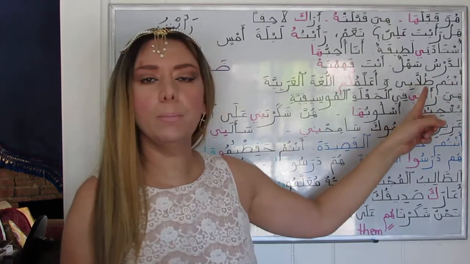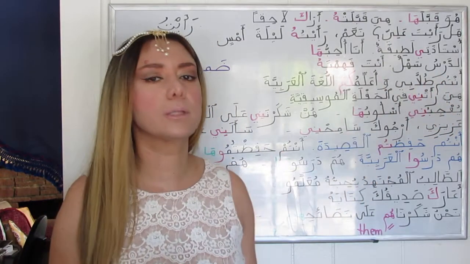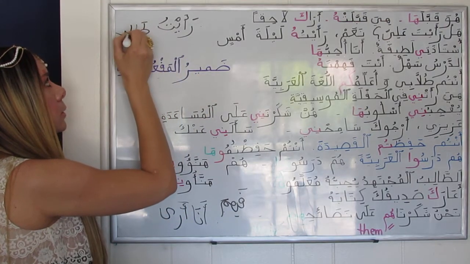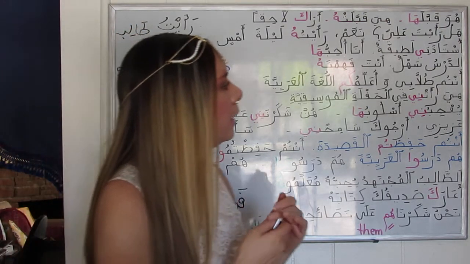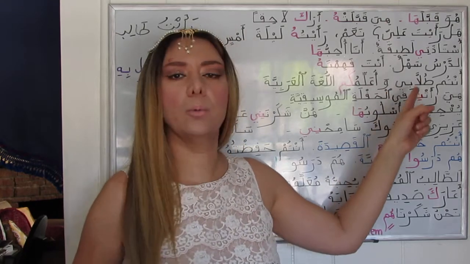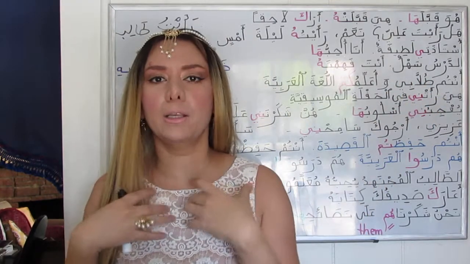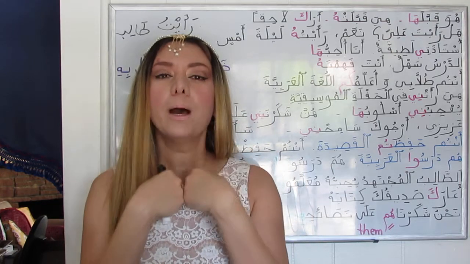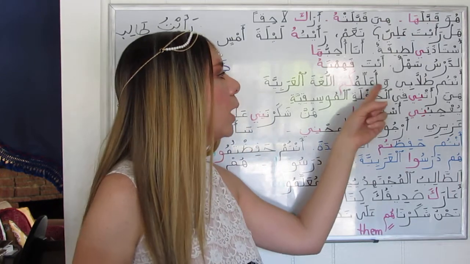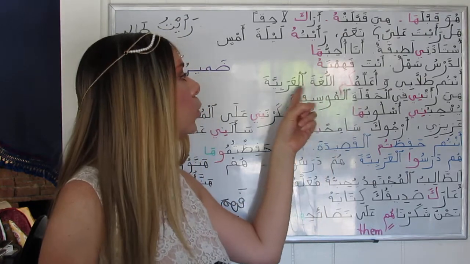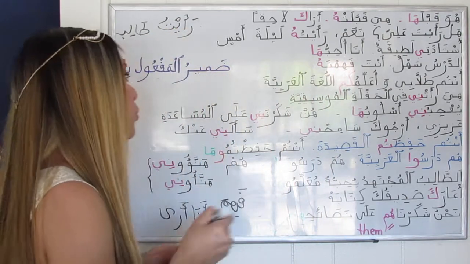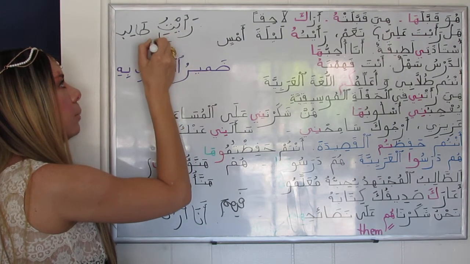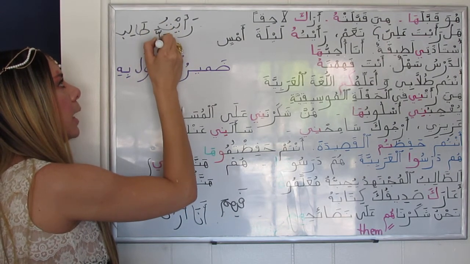أنتم طلابي. طلاب is the plural of طالب, student. And we have the possessive pronoun ي referring to my students. أنتم طلابي. You are my students. وأعلمكم اللغة العربية. From the verb علم, to teach. علم, form 2.